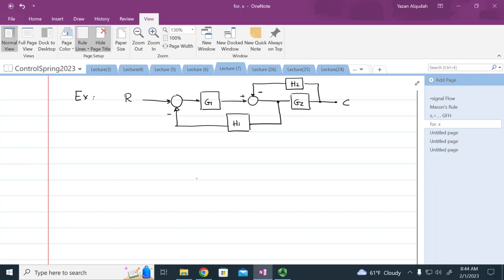I can shift H1. Instead of picking from here, I can pick the signal from here. Isn't it? I can move this, instead of being here, it will be here. Now it's going to get multiplied by G2, so I have to divide by G2.